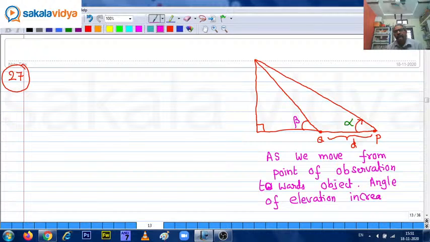So beta must be greater. Therefore we get the relation beta is greater than alpha, or alpha is less than beta.